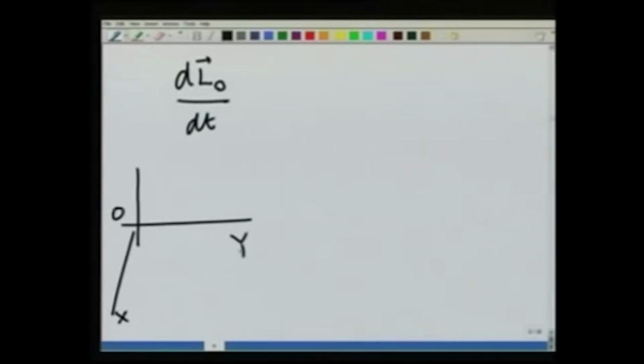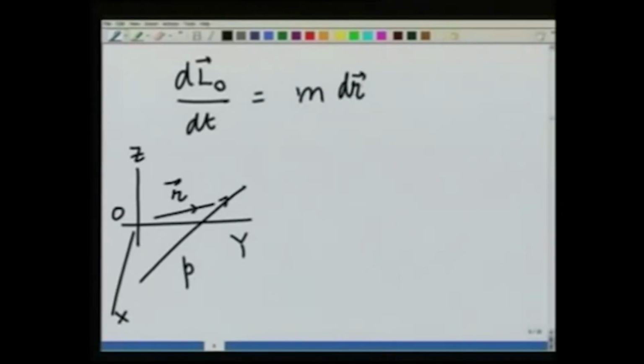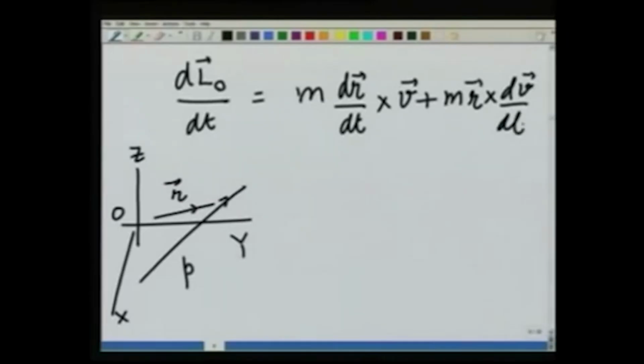x, y, z, the particle is moving like this with momentum p, this is r, is equal to m dr/dt cross v plus m r cross dv/dt.